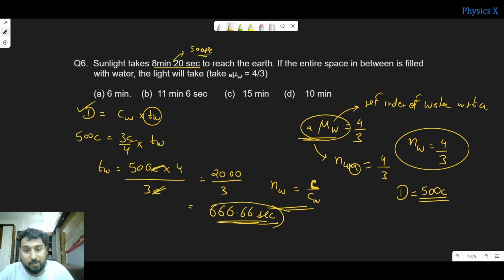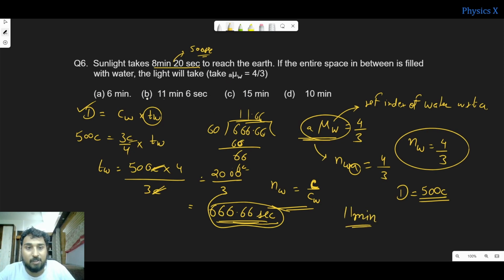So you will convert this into minutes, right? So this is 666.6. You will divide this by 60. So it will be 11 minutes something, right? So straight away you can see it is option B. 11 minutes and 0.66.